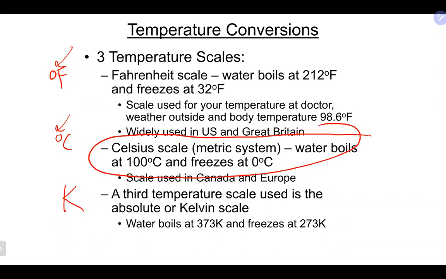I will say, for the rest of your chemistry journey, probably outside of chapter 2, it's going to be degrees Celsius and Kelvin with, like I said earlier, pretty much 99% of formulas requiring the temperature to be in Kelvin. So most of the time you will be given the temperature in Celsius.